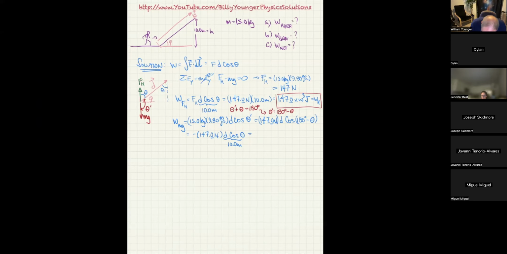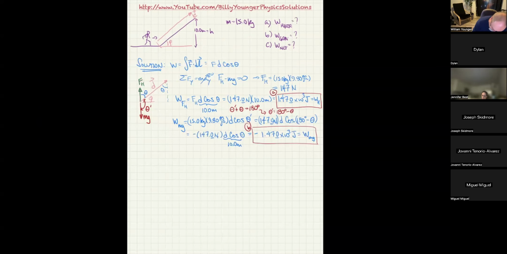So in this case, we get negative 1.470 times 10 to the third joules is equal to W sub mg. So that's part B, and that's part A.